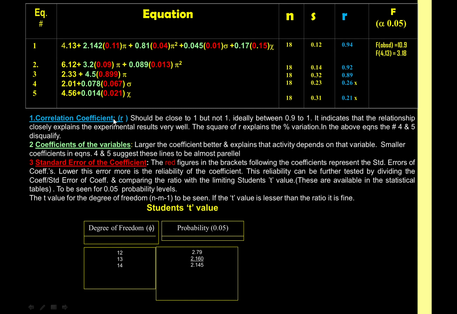Second is the coefficients of the variables, which I have expressed in green color. As far as possible, they should be in full numbers and not in decimals. So this shows this property has a strong influence on the biological activity compared to this property. While here these 4 and 5 equations, in all respects they are failing.